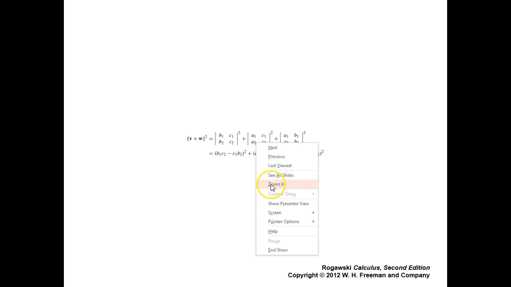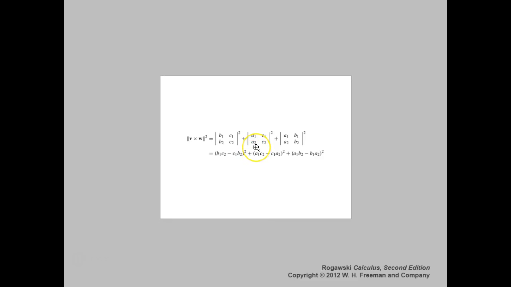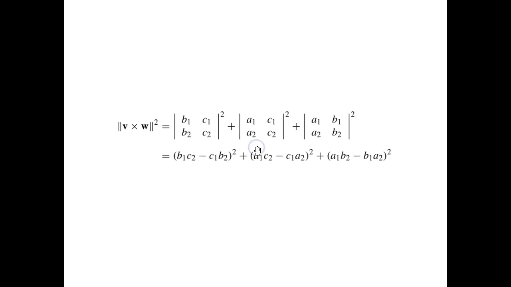This is going to proceed to show that this is the left-hand side of that last one, the magnitude of V cross W squared, and that's its representation. This is the right-hand side of that former equation: magnitude of V squared, magnitude of W squared, minus the dot product squared.